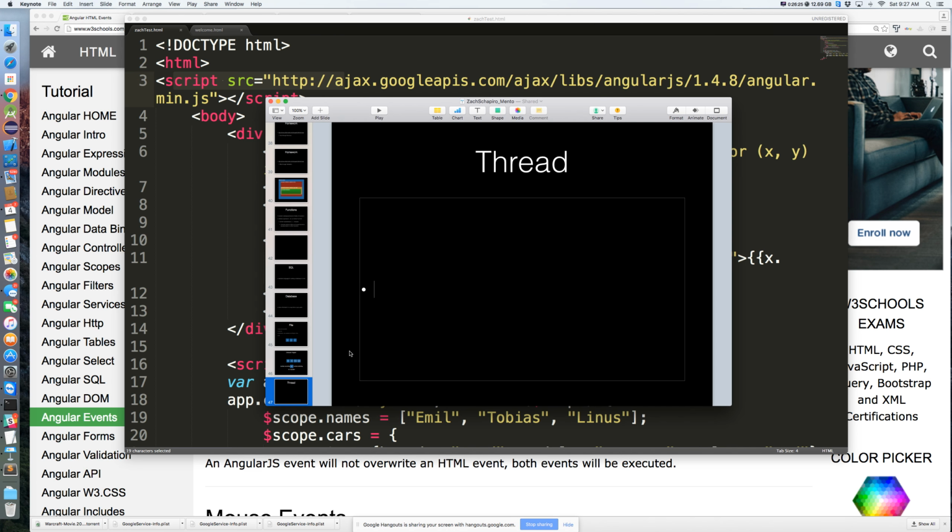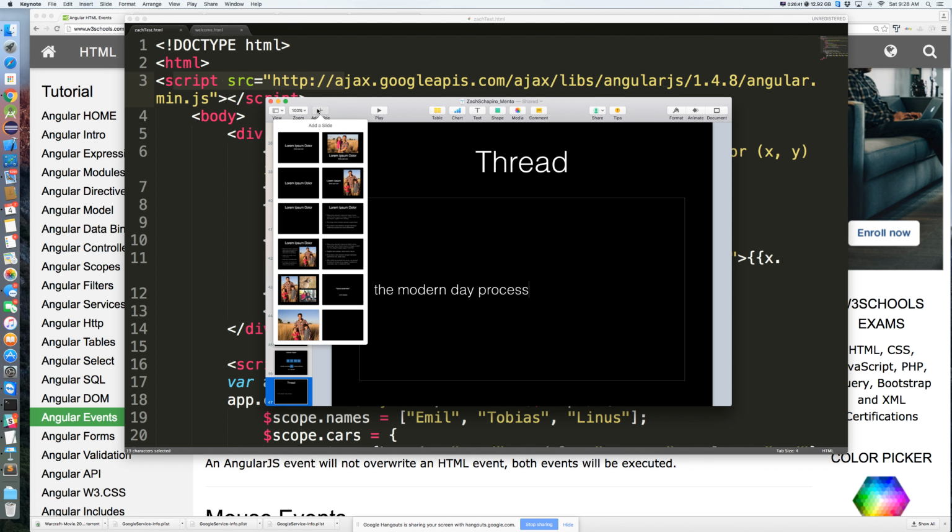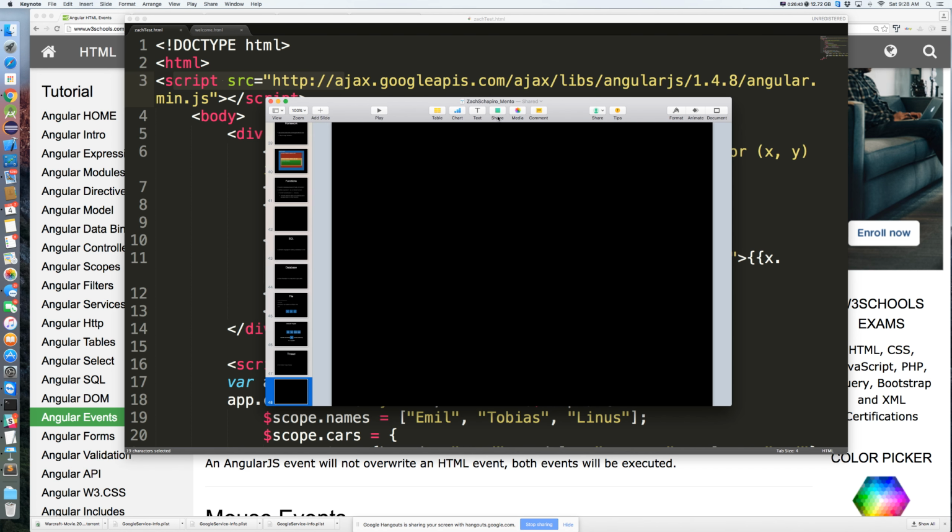Okay. So a thread is, we're going to compress the history of this down. We're going to say the modern day process. All right, so now what the heck is a process? So again, let's draw a picture. They say a picture is worth 1,000 words.